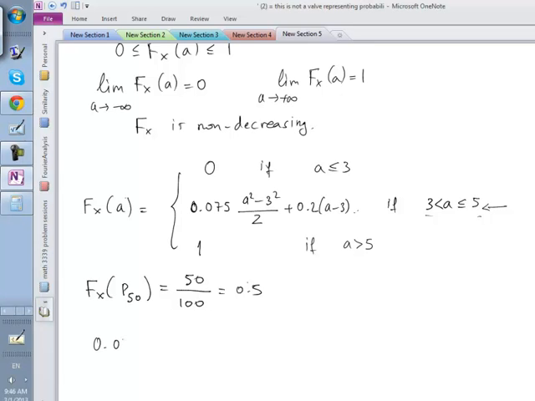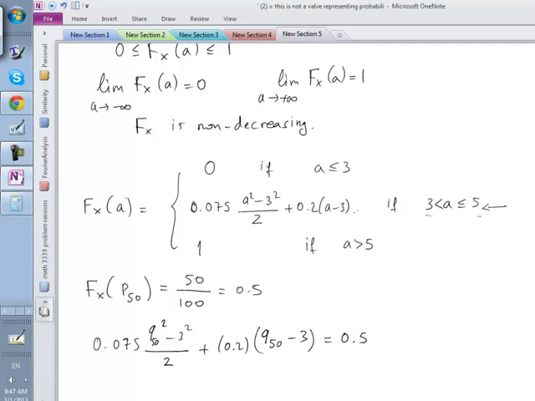So we need to have 0.75 times a squared minus 3 squared, actually 250, that should be equal to 0.5.